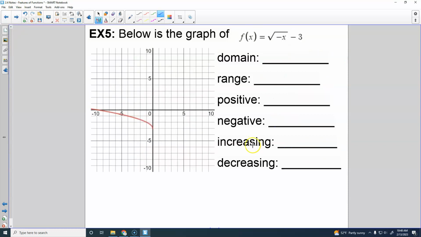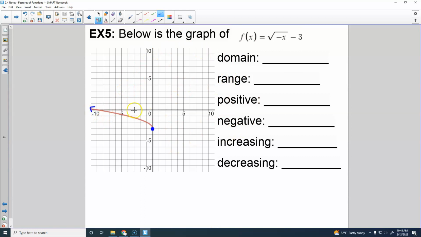Okay. Here's us another square root problem. So remember, square roots are going to have a closed dot on the end. They're going to have an arrow over on that other end. So if we're looking for domain here, this function exists everywhere until you get to 0, and then it is no more, right? Nothing is over here on this right-hand side.